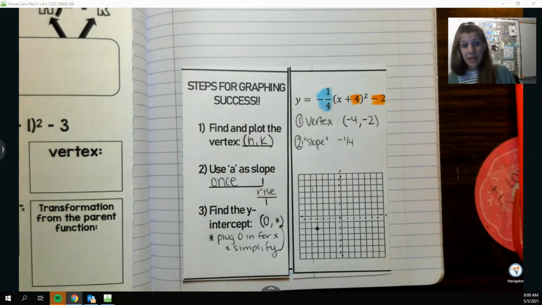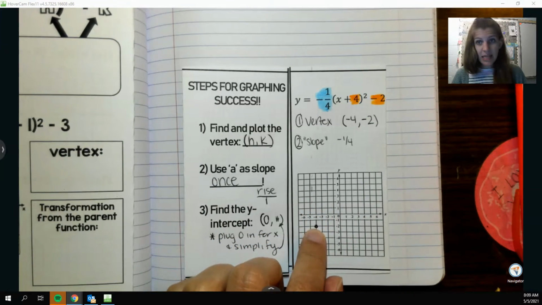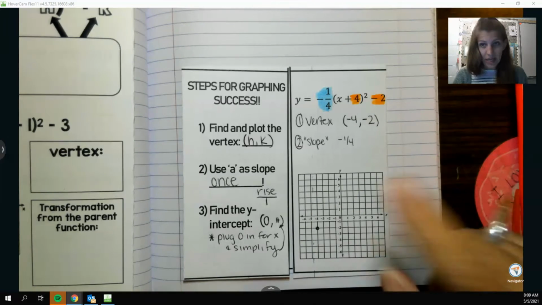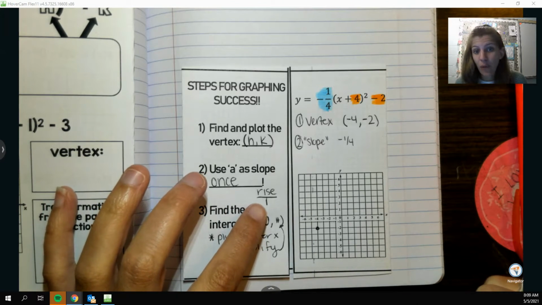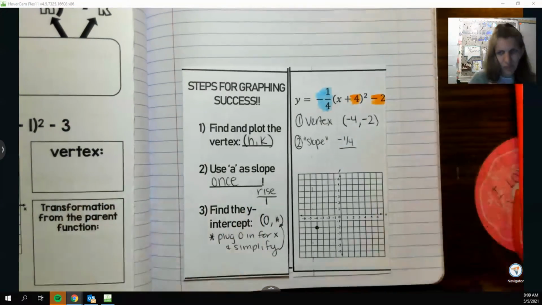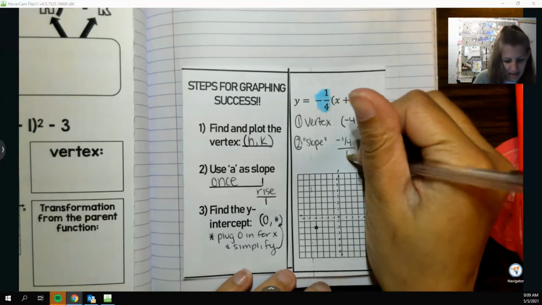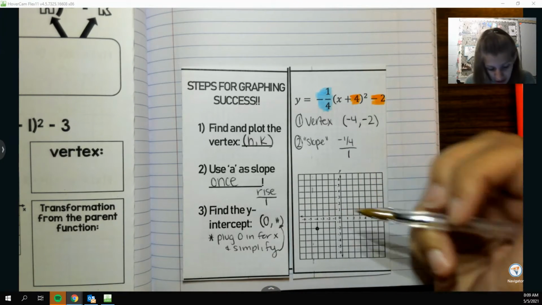Now here's where we have to be careful, because we can only do it once coming from that vertex on either side, because we have our line of symmetry. And I have to do it as rise over 1. So this is my full rise, and then I'm going to go over 1. Although it's not really a rise because it's negative, so I'm going to go down.